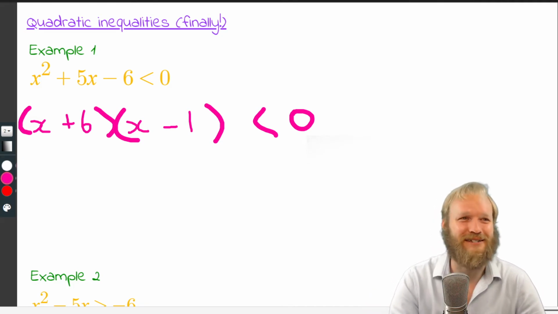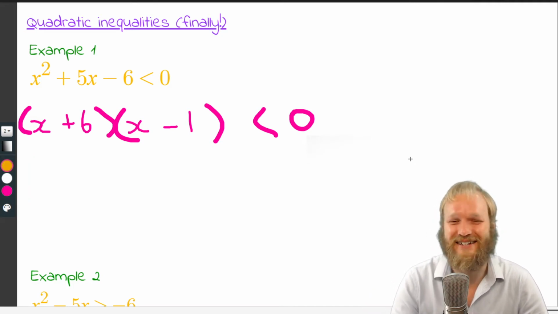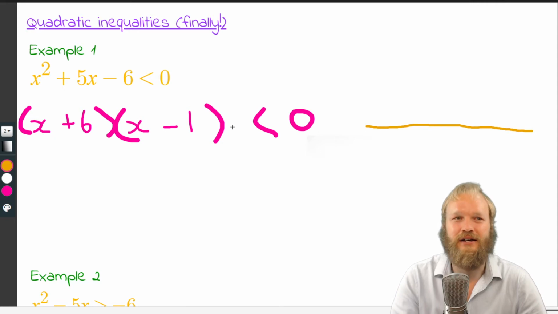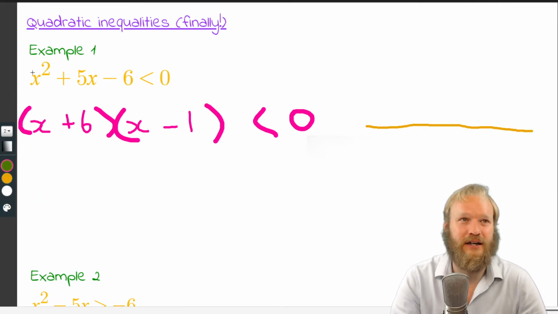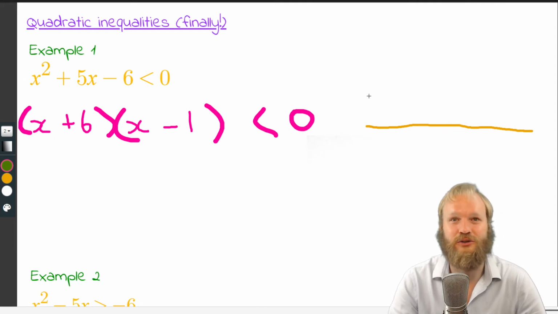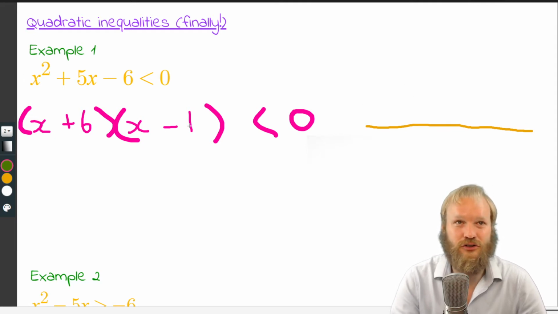Cool, so I'm excited, as you can tell. If we were to draw this parabola, I'm going to draw it here and say, okay, the parabola is a happy parabola because it's a positive x squared, and it's got 2 roots, minus 6 and 1.